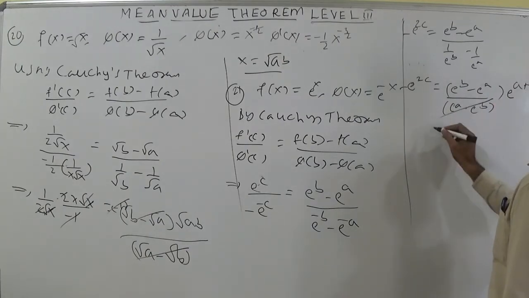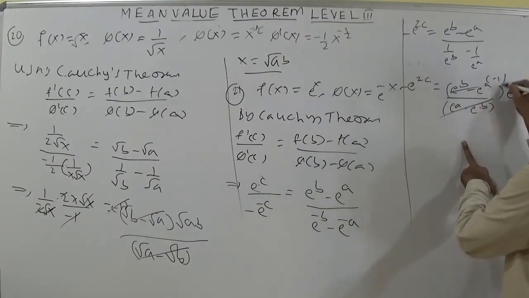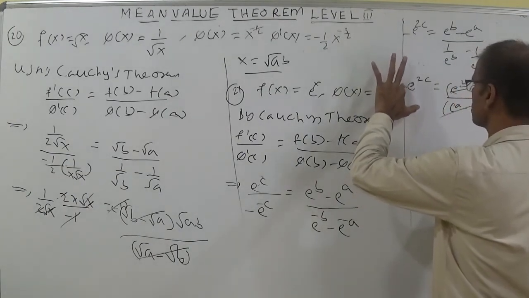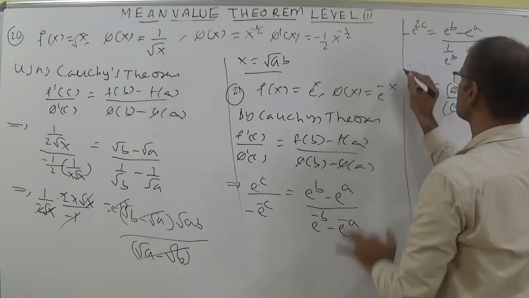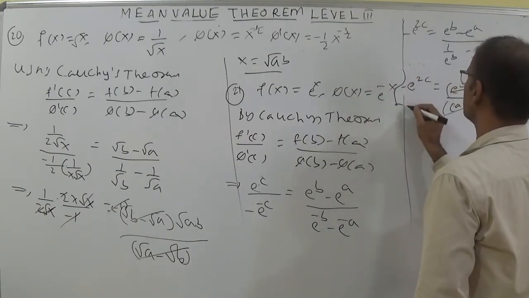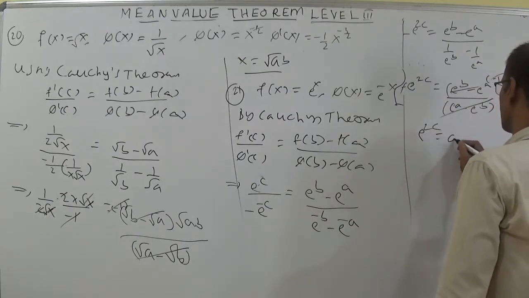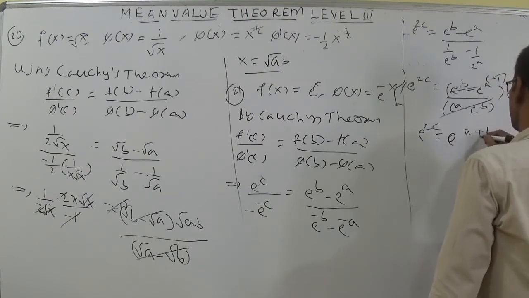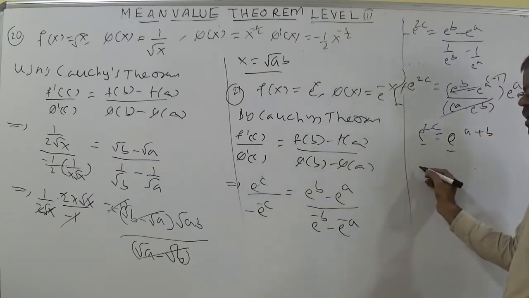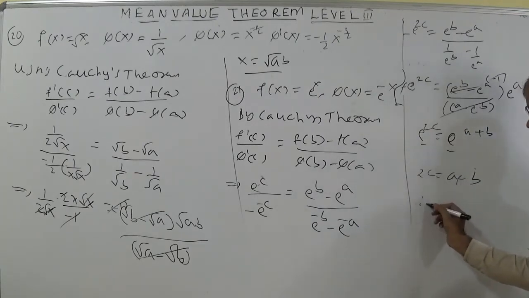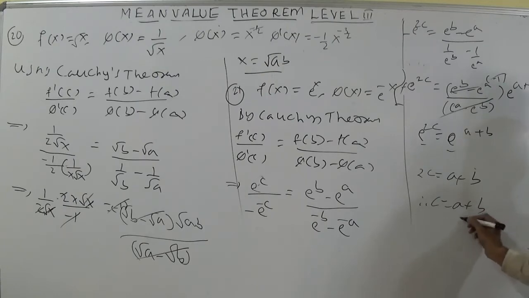Here e power a minus e power b will get cancelled as minus 1 times. Minus and minus got cancelled. You can write here e power 2c is equal to e power a plus b. Equating the powers both sides, 2c is equal to a plus b and c is equal to a plus b by 2.